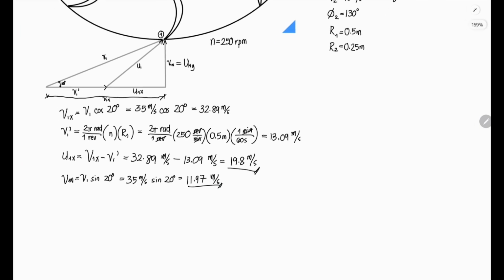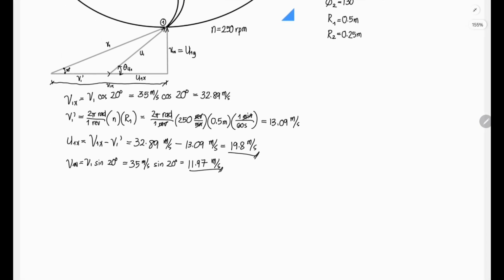So using the values for u1x and v1n, we can now solve for the vane angle at point 1. So this is theta u1. So to solve for that, ang formula natin is tangent theta u1 is equal to opposite, which is v1n, over the adjacent, which is u1x.